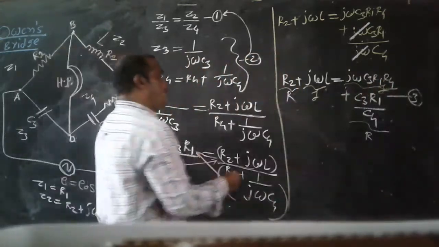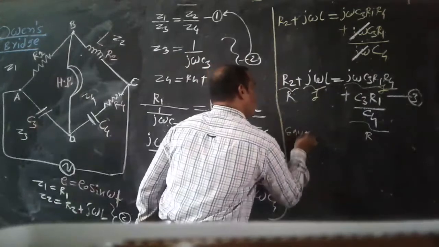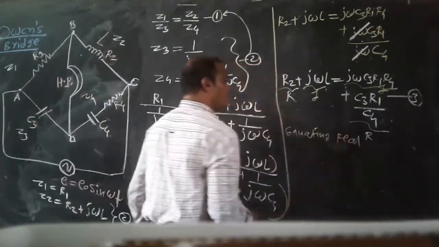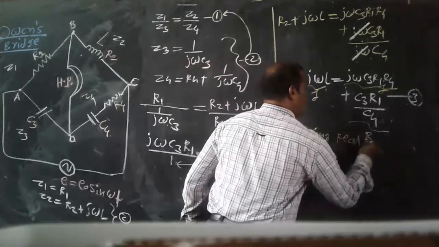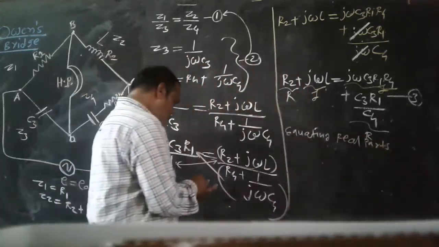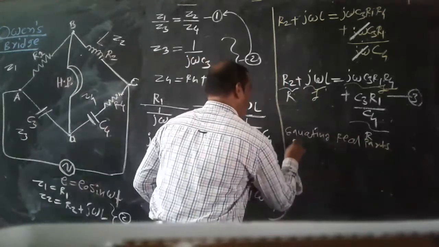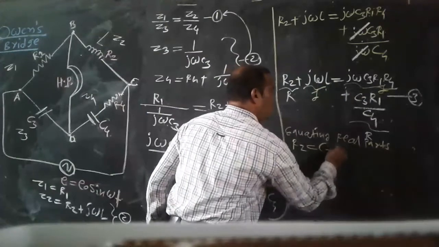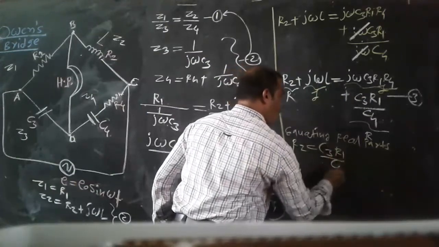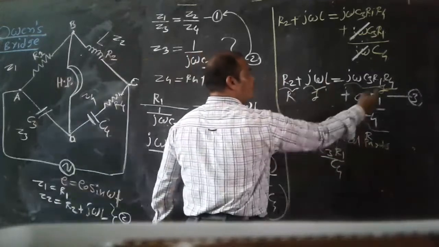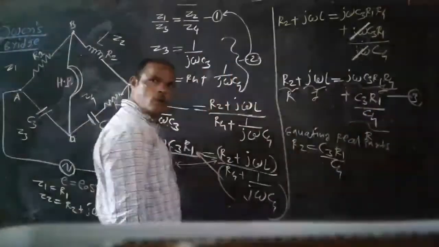So equating real parts, we get R2 equal to C3 R1 upon C4.